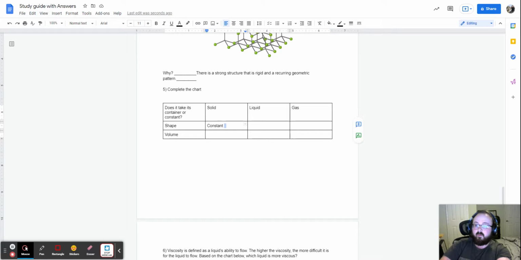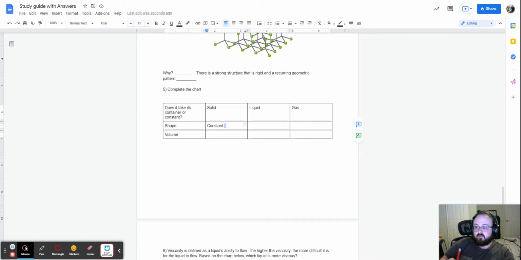Hopefully this goes well. So a solid has a constant shape. If you can see me down here, this pen that looks like a Twizzler, the shape of this is constant. It does not change. It's hard to change it. I could snap it in half, but that would require a lot of effort.